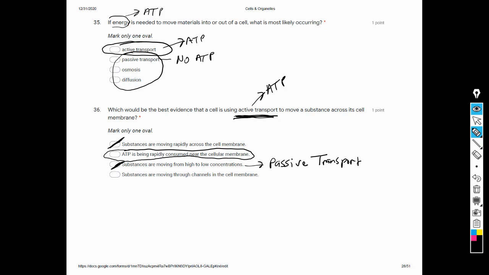Option 4, substances are moving through channels in the cell membrane. Also inaccurate because if we're moving through channels, that means we are going through passive transport in the form of facilitated diffusion.